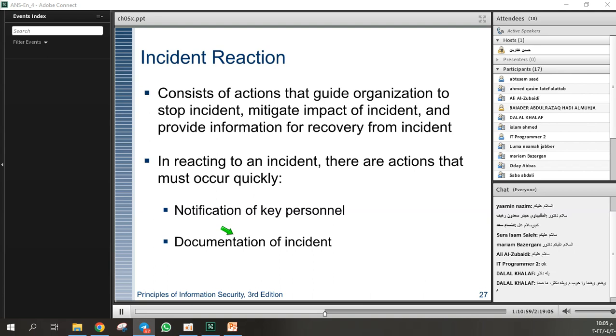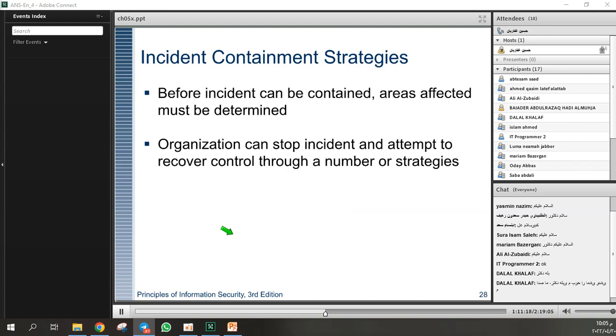According to this document, an incident happened here, and it shows that our strategy to stop that incident was weak. We need to change our strategy, our policy. So documenting an incident is very important.